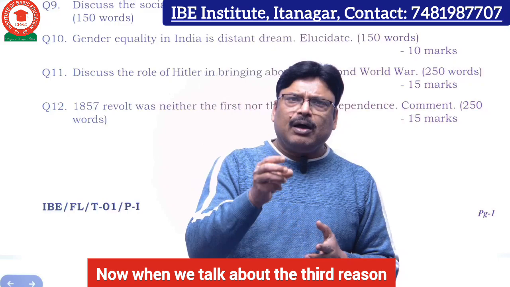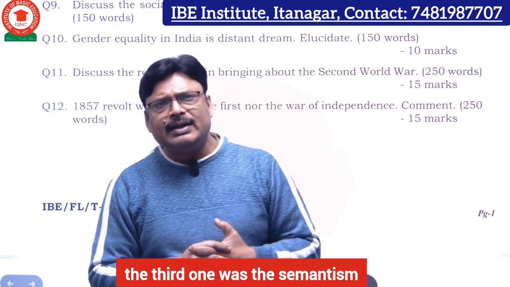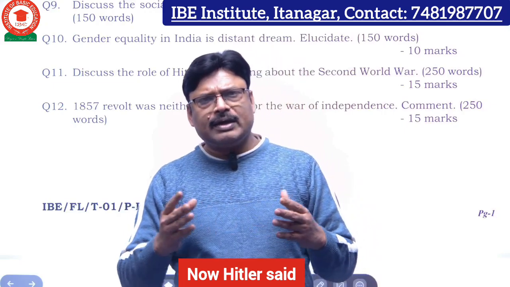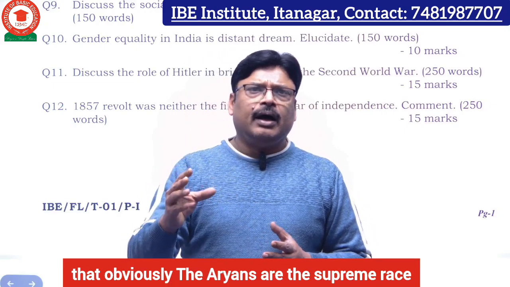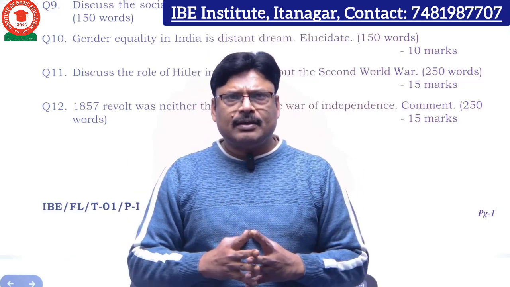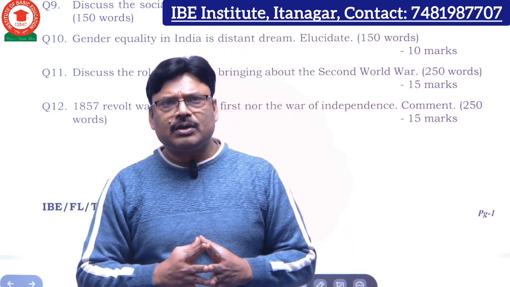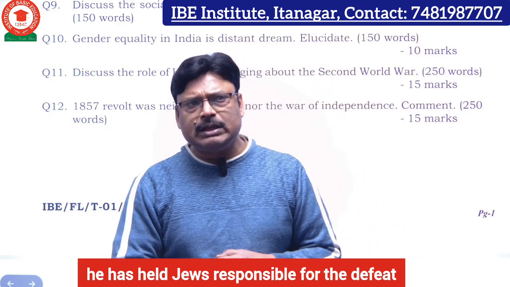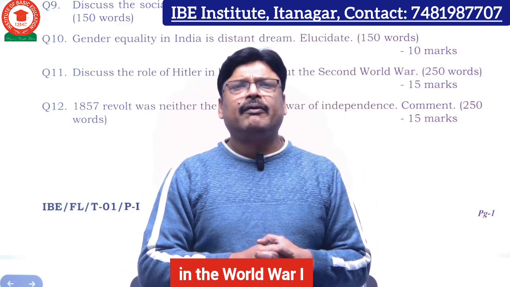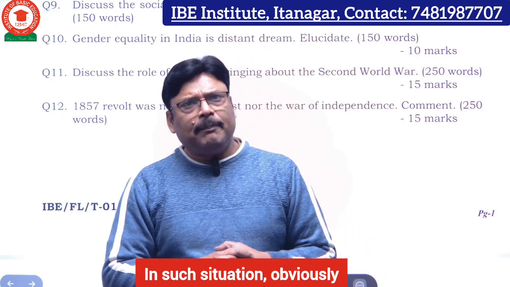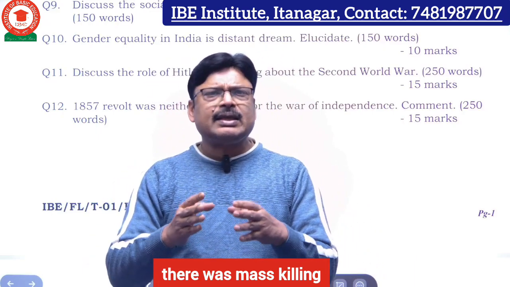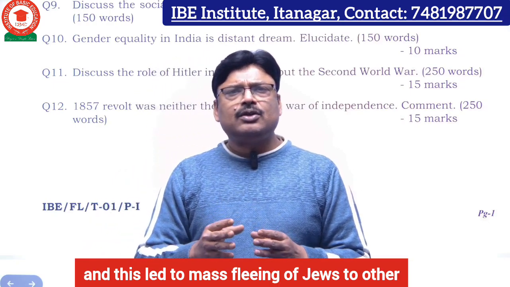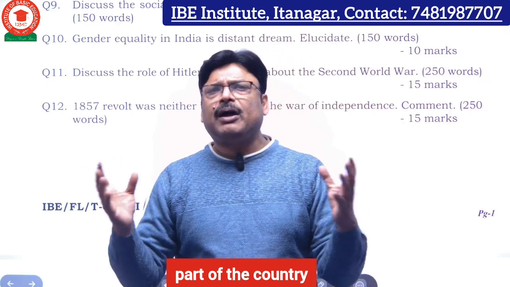Now the third reason was the anti-Semitism that was spread by Hitler. Hitler said that the Aryans are the supreme race, and he started killing Jews because in his book Mein Kampf he held Jews responsible for the defeat in World War I. In such a situation, there was mass killing or genocide of the Jews, and this led to the mass fleeing of Jews to other parts of the world.